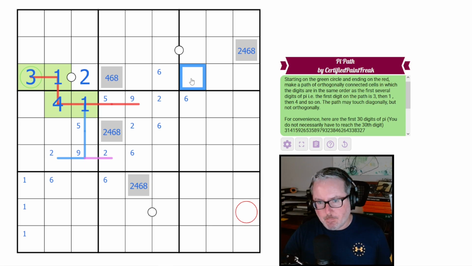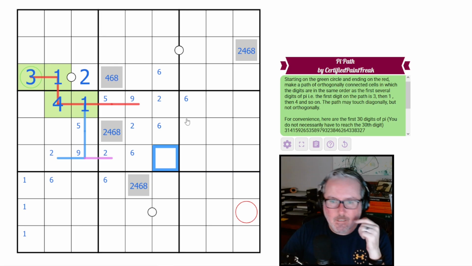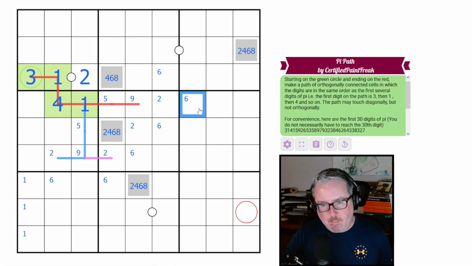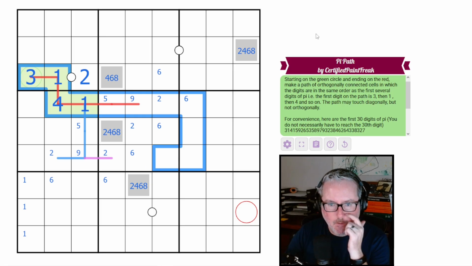But if we went up, we can't get out because it'd be 6, 5, 3, 5. 6 can't go there. It could go down. 5, 3. It could go back in. Oh, I thought we were going to be ruling out this 6, but there is a possibility we could do 5, 3, 5. Because we would have a line like this that doesn't touch itself.